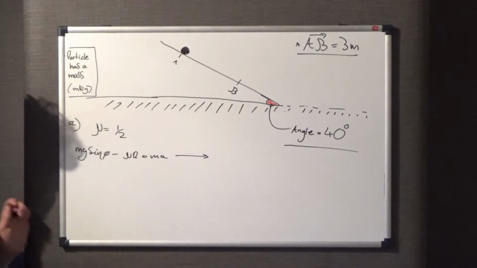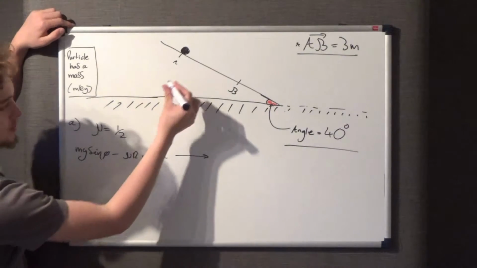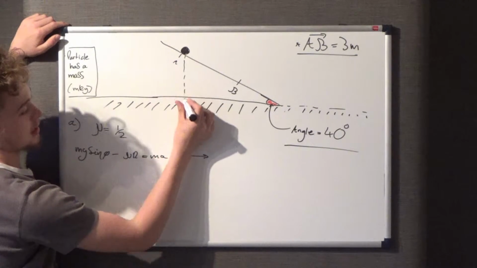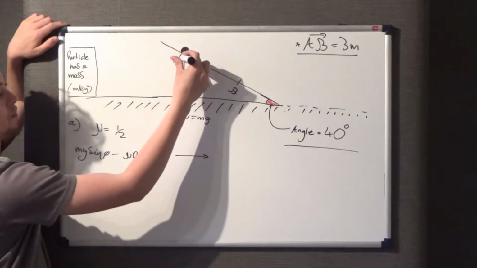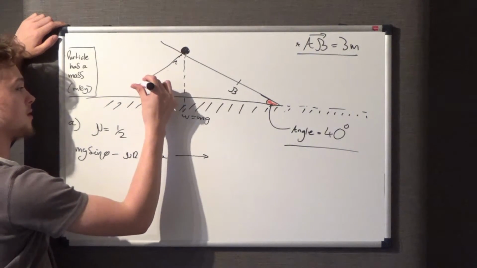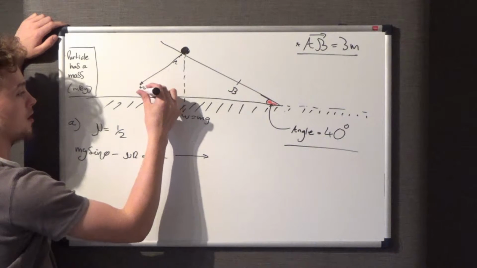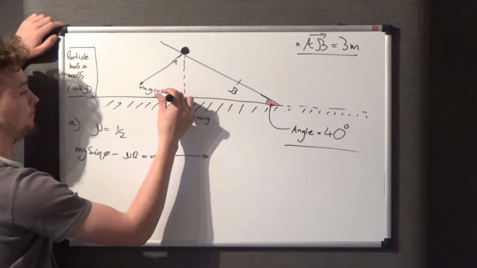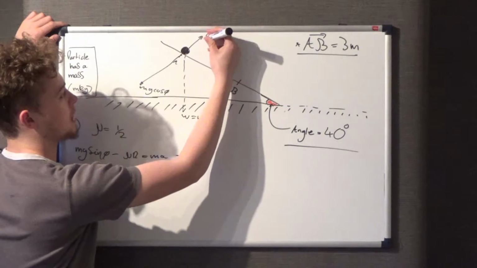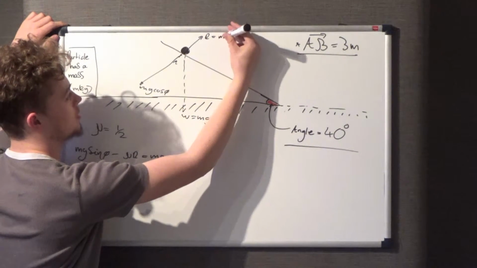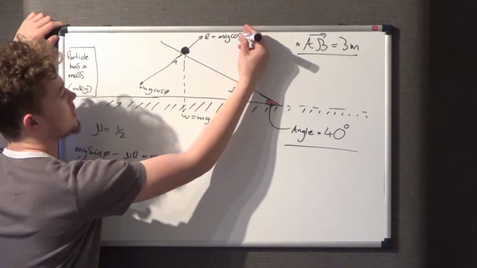Now what I'm going to do here is label on all the forces. We've got the weight acting directly downwards. We're not really interested in that, it's just W equals mg. Perpendicular to the plane, it's labelled as mg cos theta. And because it's not sinking, the reaction force off the plane, labelled as R, is also equal to mg cos theta.